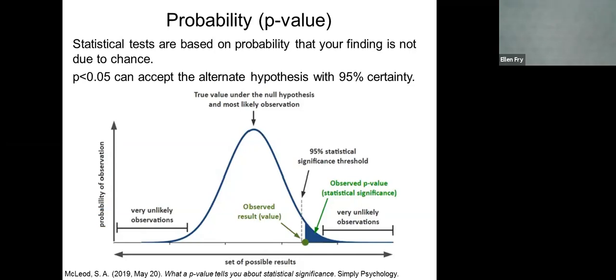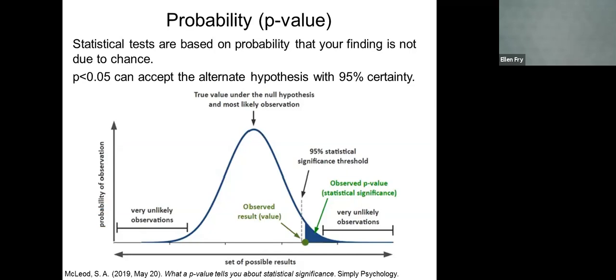It has the highest probability. If we are in one of these small tails on the left or the right, these are much more unlikely observations, and therefore they have probably occurred due to our experimental treatment rather than chance.